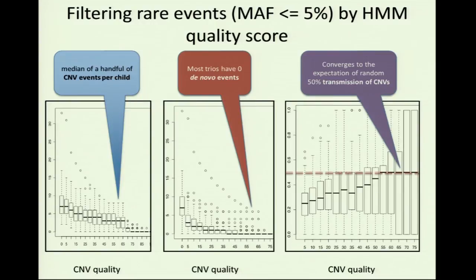We don't expect most events that a child has to be de novo; most events should actually be inherited. But we also see the converse, that the events in the parents are transmitted at an expected 50% rate. So overall the data seems to be telling us that XHMM is doing a pretty good job at calling rare copy number variants.